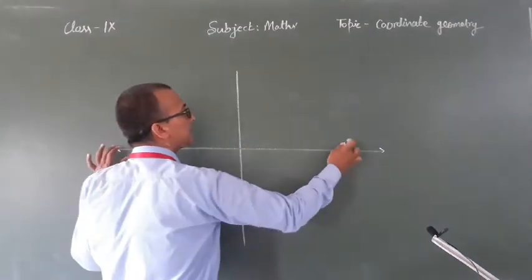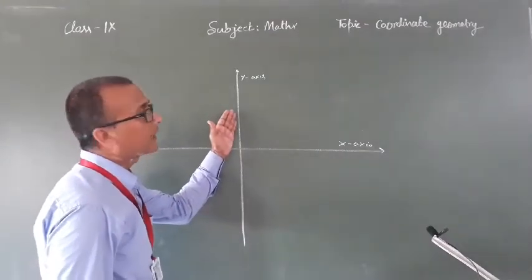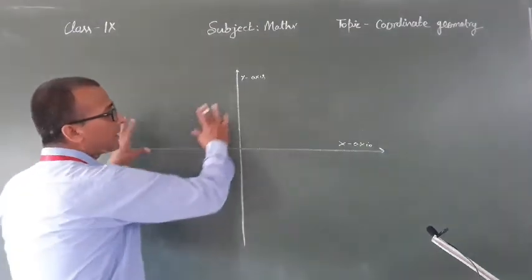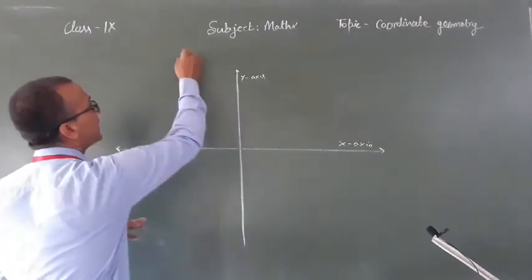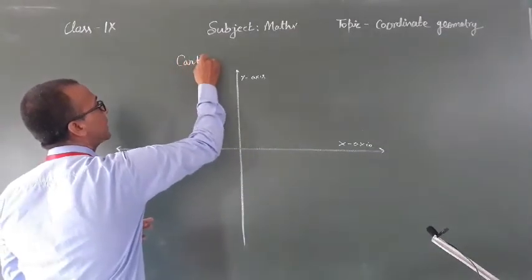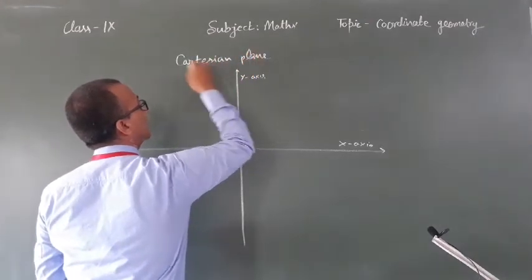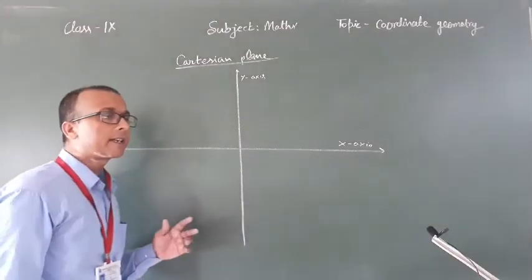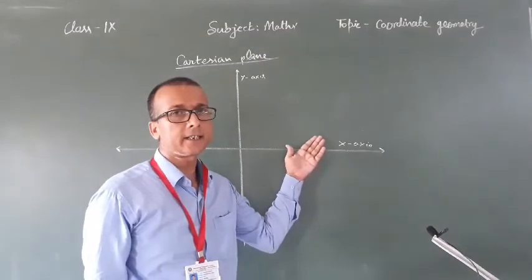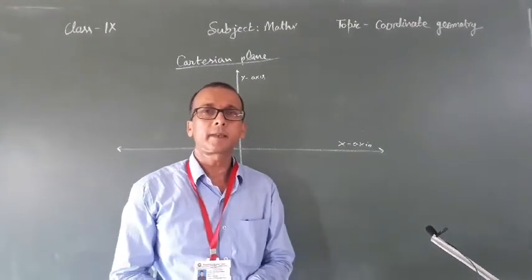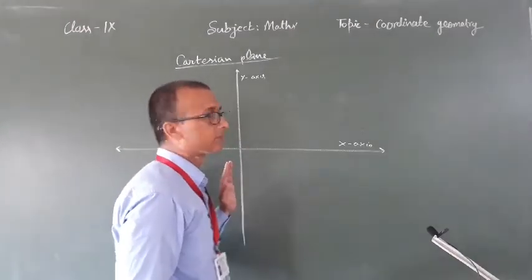This one is the x-axis or abscissa, and this is the y-axis. These are in the plane of that graph paper, so we can say it is a Cartesian plane. In the Cartesian plane, there are 2 coordinates, x-axis and y-axis, abscissa and ordinate, intersecting each other mutually perpendicular. One is horizontal and the second is vertical.